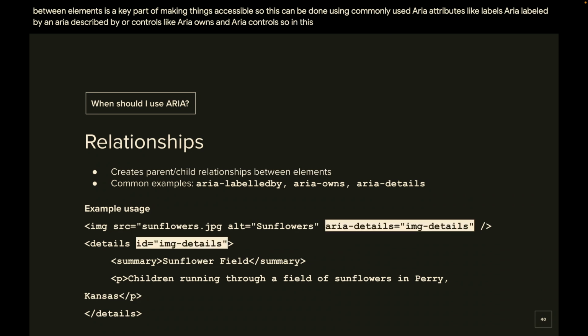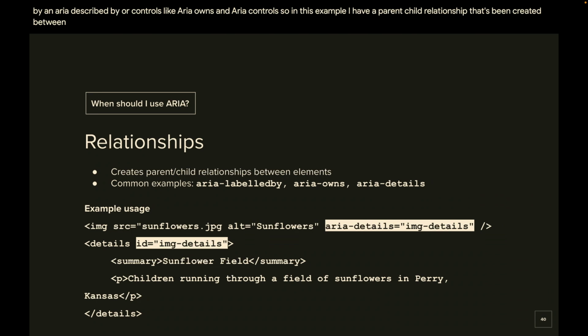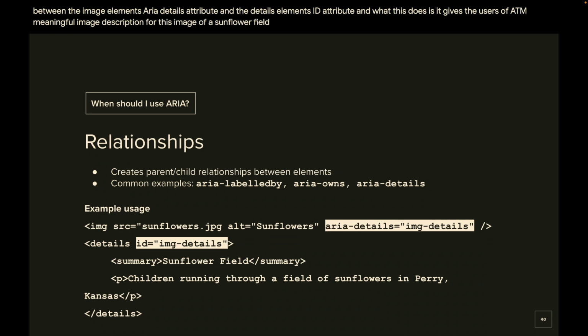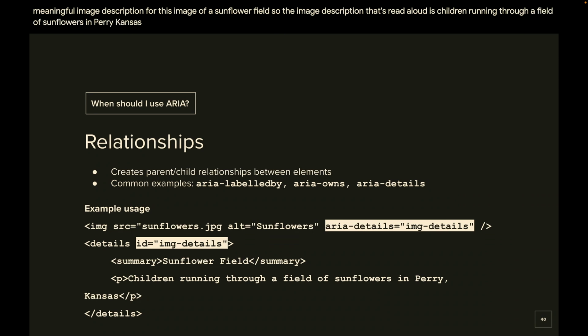So in this example, I have a parent-child relationship that's been created between the image element's ARIA details attribute and the details element's ID attribute. What this does is it gives the users of AT a meaningful image description for this image of a sunflower field. The image description that's read aloud is children running through a field of sunflowers in Perry, Kansas.